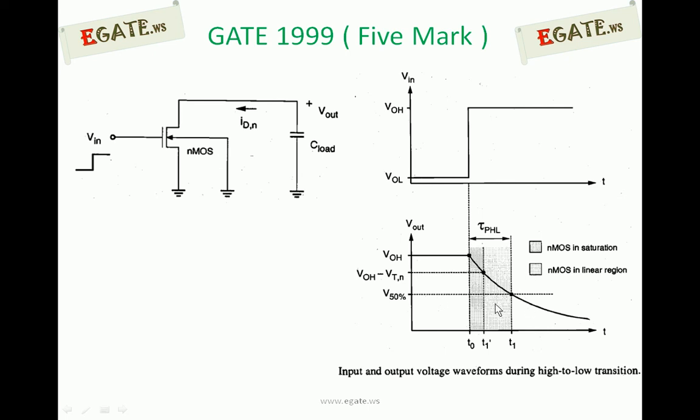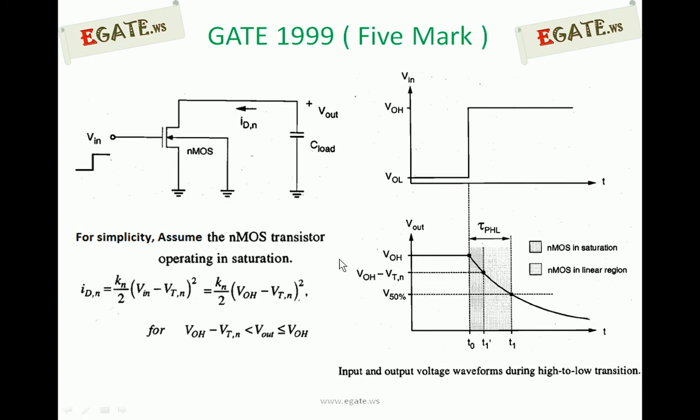Strictly, we must take the average of the ID current in saturation plus the ID current in the linear region, but for simplicity we will always go with the saturation region. So the drain current can be written as Kn by 2 into V in minus Vt whole square. V input is VOH, so it is Kn by 2 into VOH minus Vtn whole square, because the input signal is now at VOH.